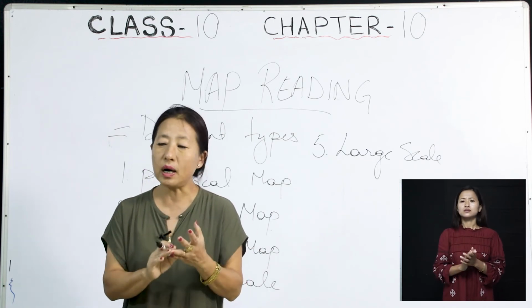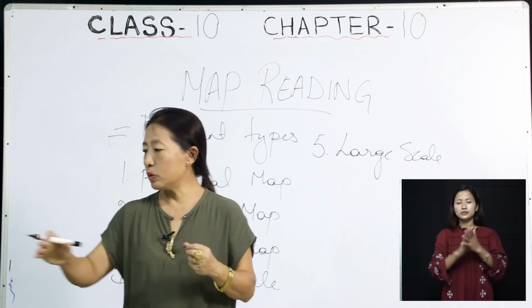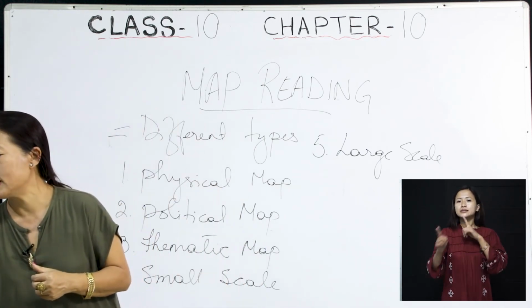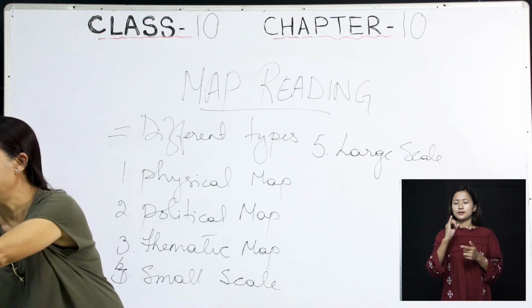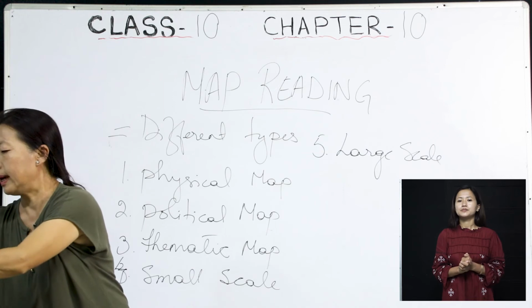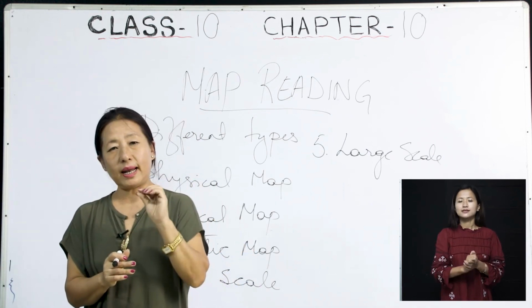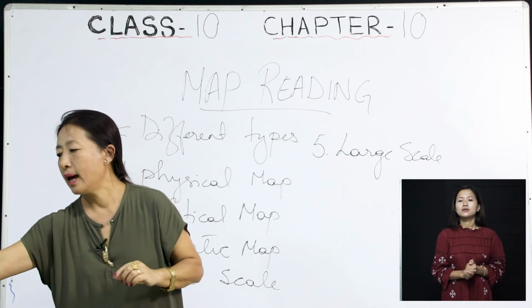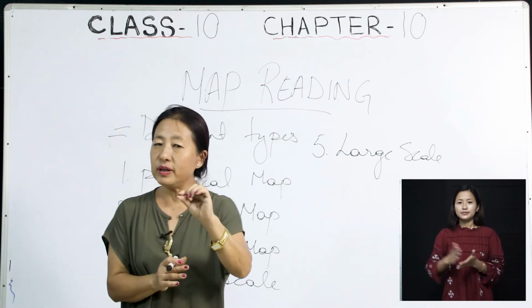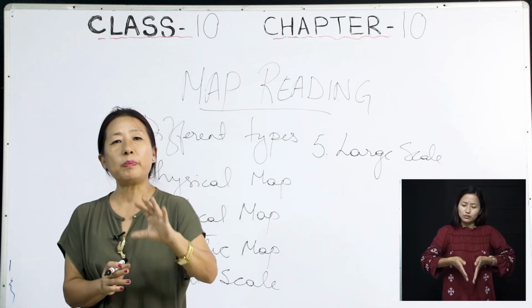Then we have also discussed the thematic map. A thematic map indicates some selected features, and those selected features may be the roads, the railways, industries, population, and so on.